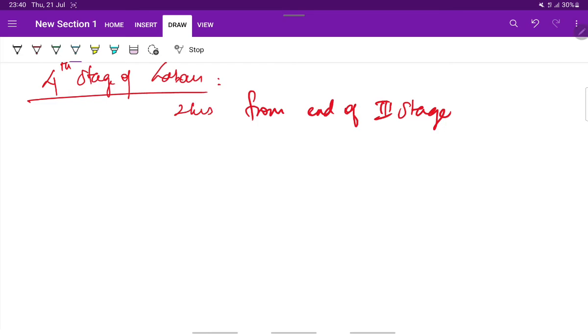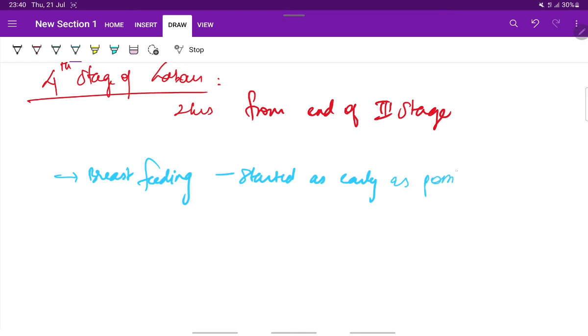Then breastfeeding can be started as early as possible for a normal vaginal delivery, especially within the first half an hour of the delivery of the baby.